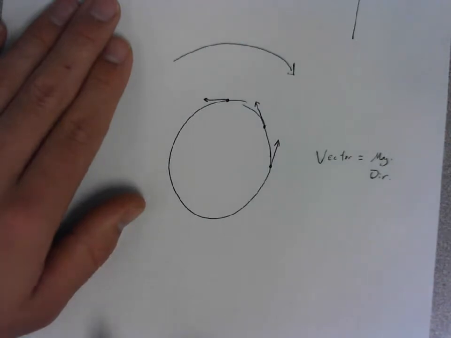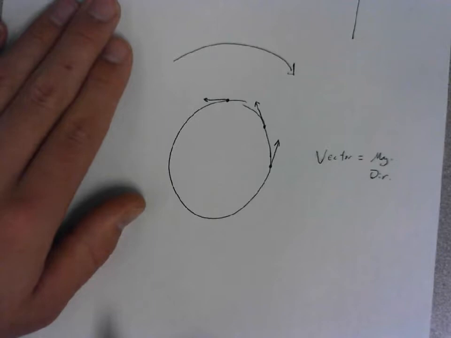A good way to think about this is, like in class, I swing my lanyard with my keys around a lot. If I was to just let go of the lanyard, all of a sudden my keys would fly off at some velocity in some direction. That velocity they'd fly off with, that would be that tangential velocity.